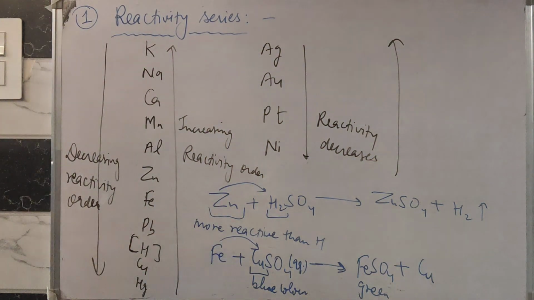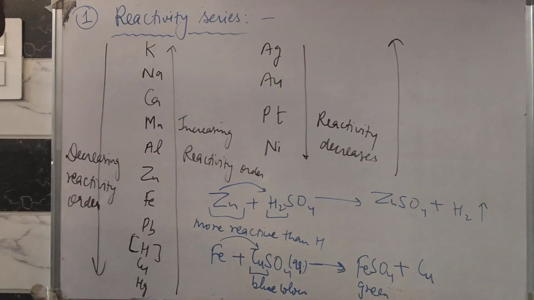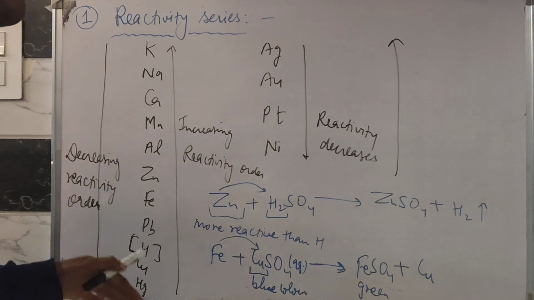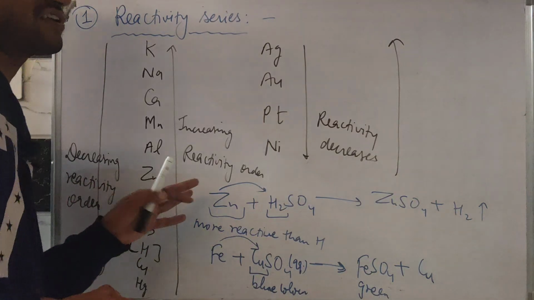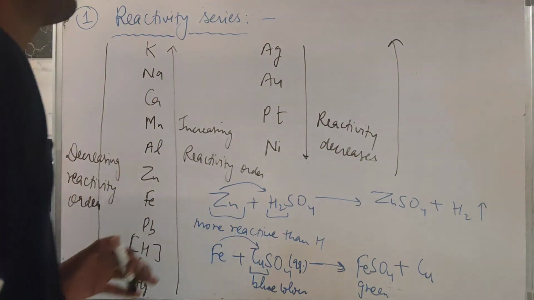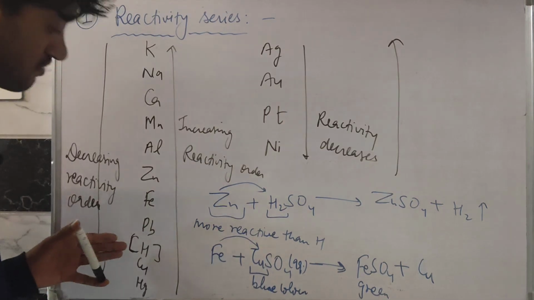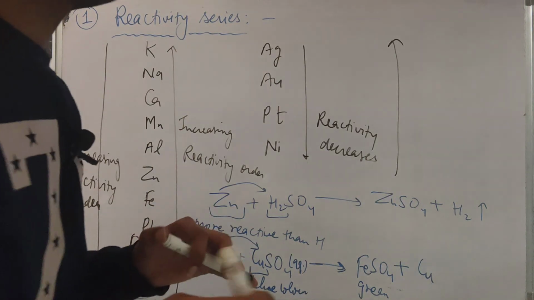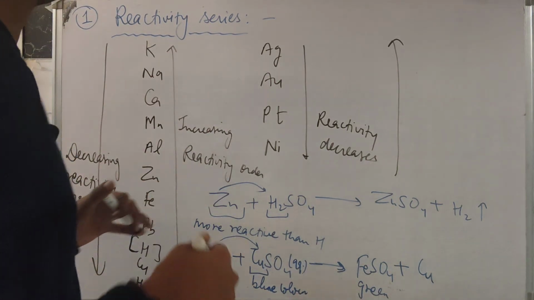This is what I have discussed: the more reactive element will displace the less reactive element. You can take any example and react it with any salt. If it is less reactive, it will not react and not give any product, and if it is reactive, it will give a product. Some reactions take specific conditions. A very low element and a very high one cannot react according to the reactivity series, but under some specific conditions it happens, which is another factor.